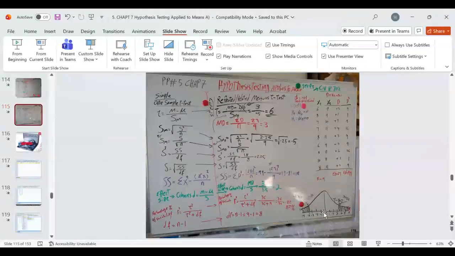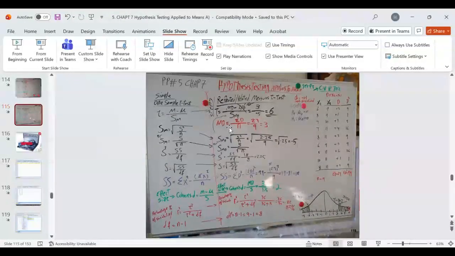Step 3 is calculate the T. Use that formula right there in the middle of the screen. T is MD divided by the estimated standard error of the mean difference. Because we said the population mean difference is 0, that value is 0.